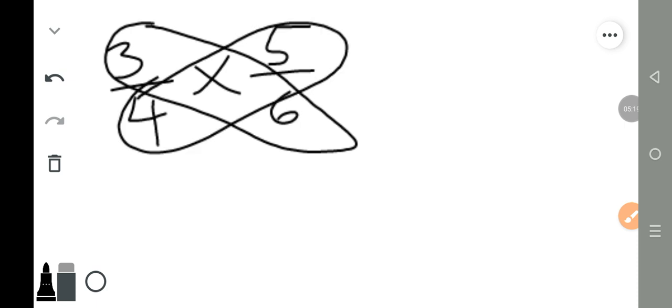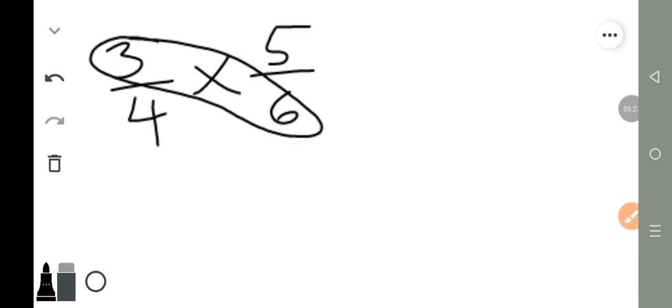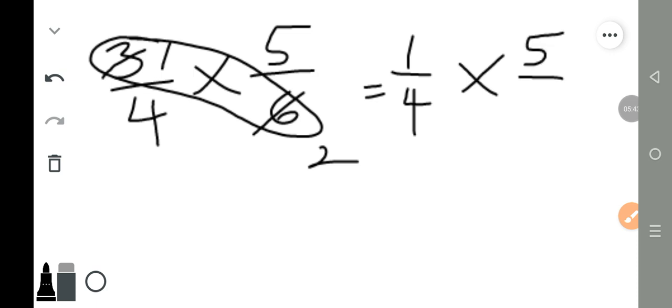This is what you are facing. So you can see how I circled it. So what you do is this, you look for a common factor between 3 and 6. So if 3 and 6 can be further divided, no problem. So 3 in 3, 1, 3 in 6, 2. That means you have 1 all over 4 times 5 all over 2.